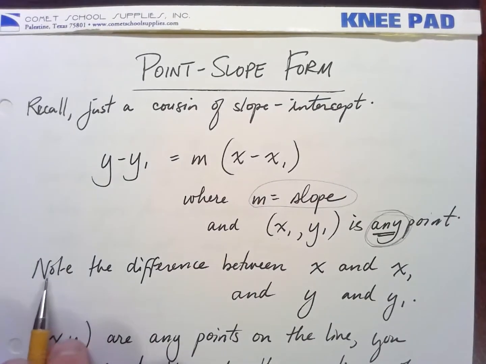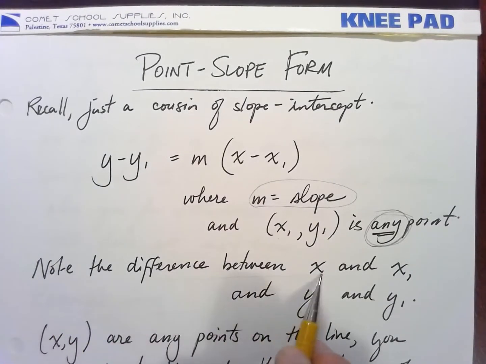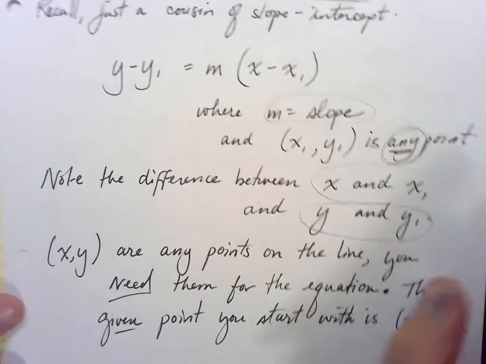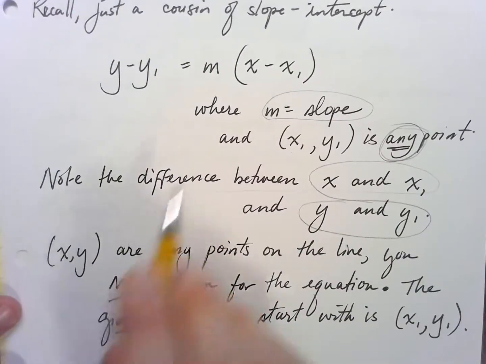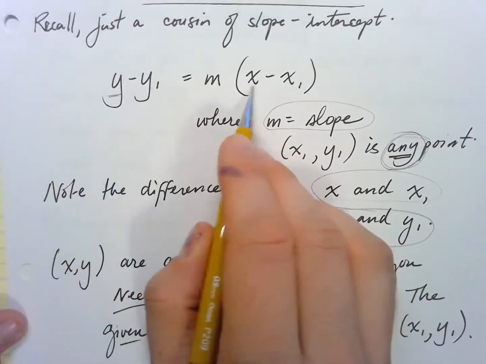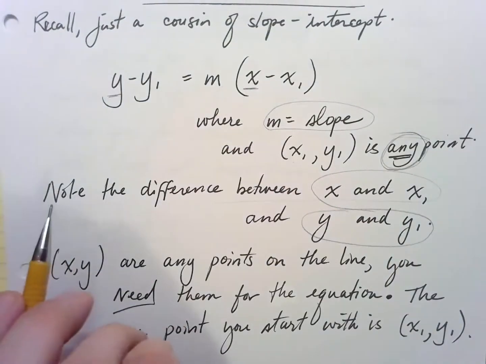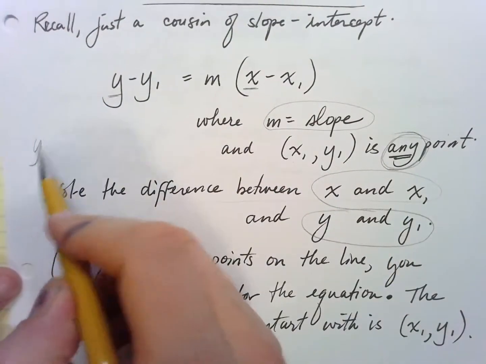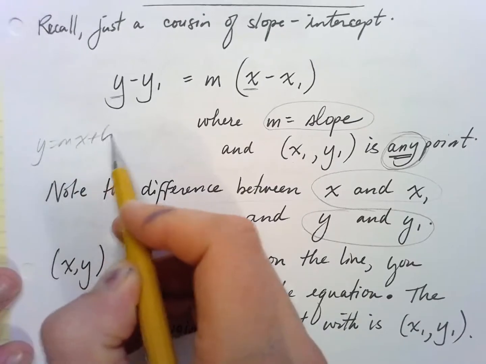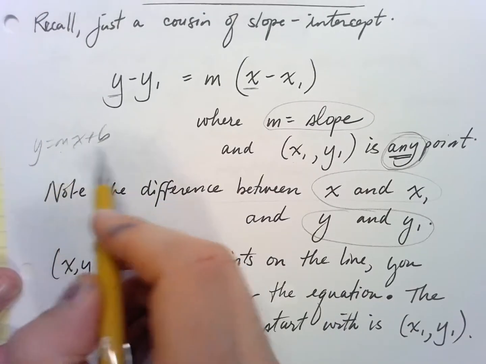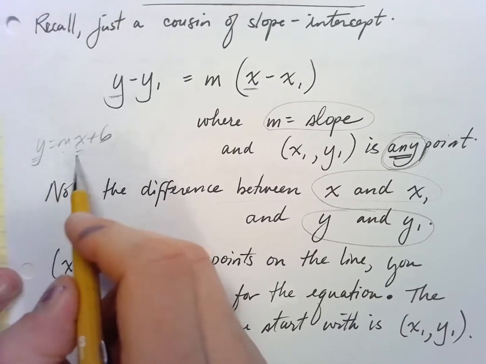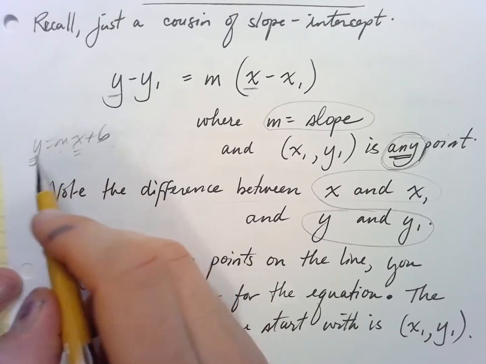Of course, I want you to note the difference between x and y and x1 and y1. The coordinates x, y, this y and this x, you need those in the equation. Just like in y equals mx plus b, you have an m and you have a b, but you always have the variable x and the y in the equation, and you want them there.